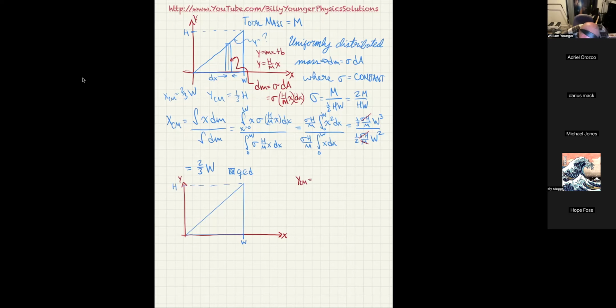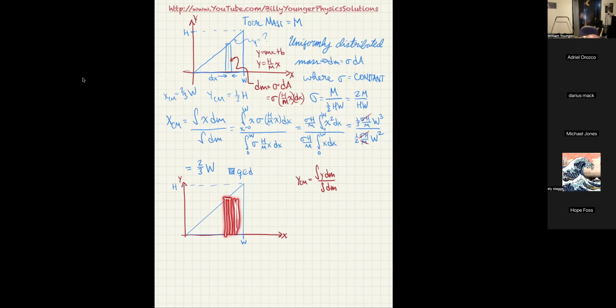And the y center of mass is the integral of y dm over the integral of dm. So I need the y to not change very much from any part of the dm to any other part of the dm. So if I were to choose the exact same dm I had last time, you'd see the y changes a lot.